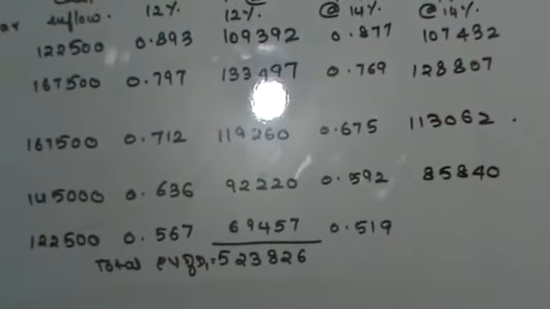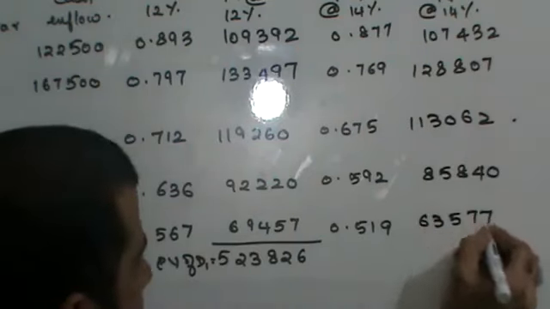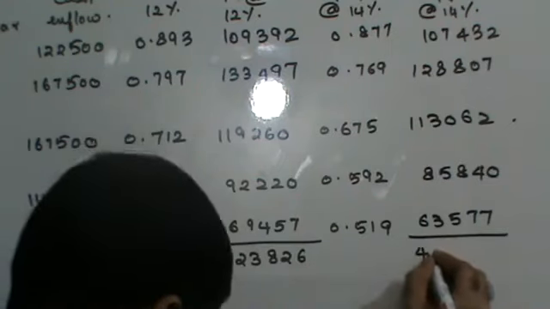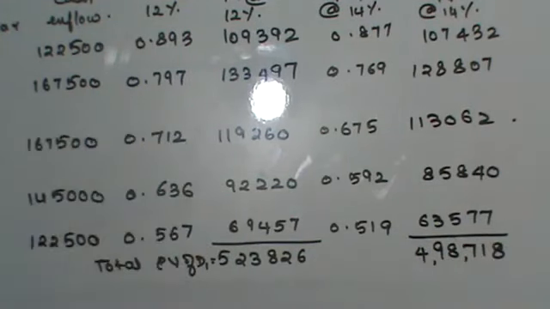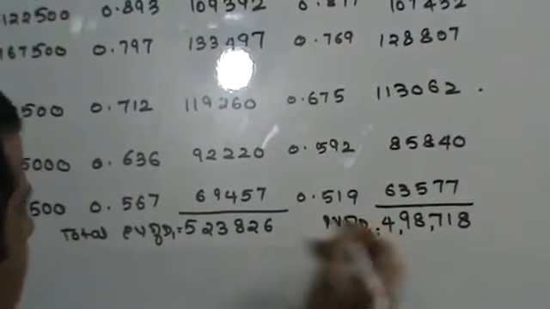And 1,22,500 into 0.519 is 63,577. Add this. If you add this, you will get 4,98,718. This is going to be your total PV of D2.